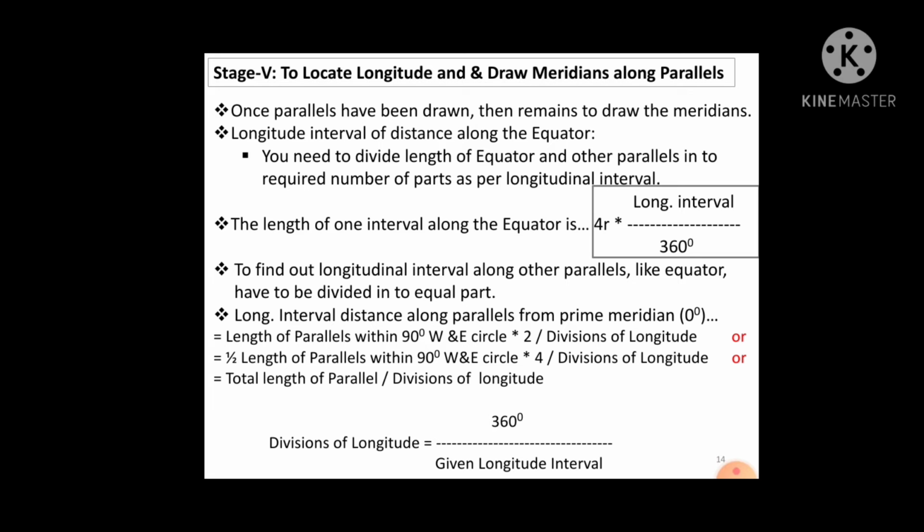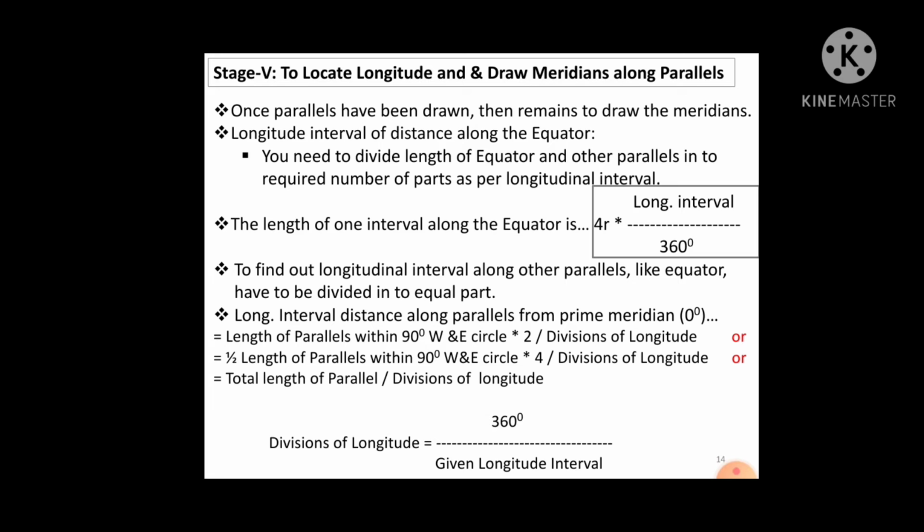You can find that distance with the help of this equation, which is very easy: 4r multiplied by the longitudinal interval, which will be given in your example, divided by 360. Latitude and longitude intervals are always given in the example, and by these intervals you have to draw the projection.